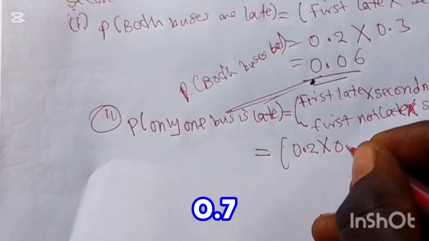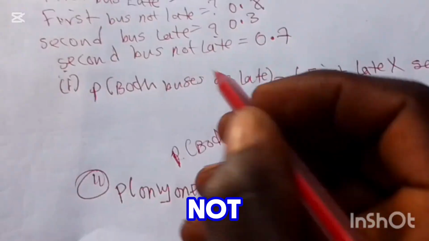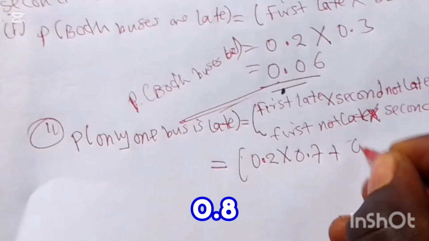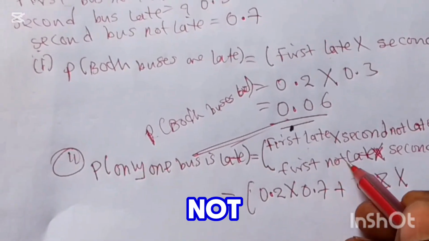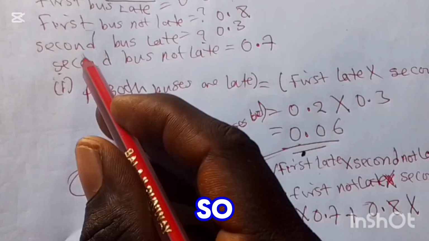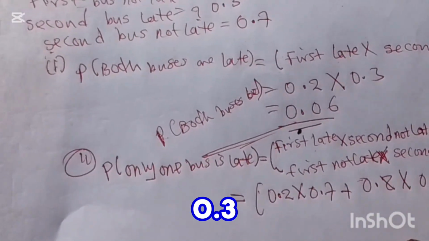0.7, plus the first not late, which is 0.8, multiplied by the second late, which is 0.3, close bracket.